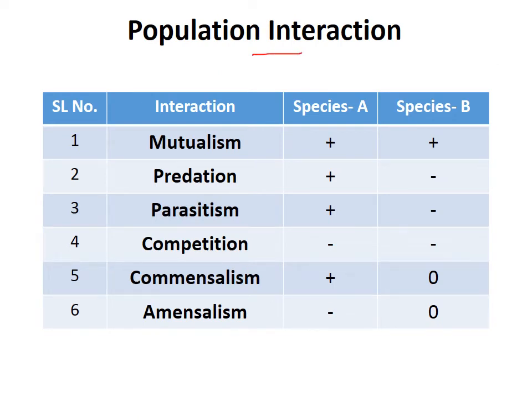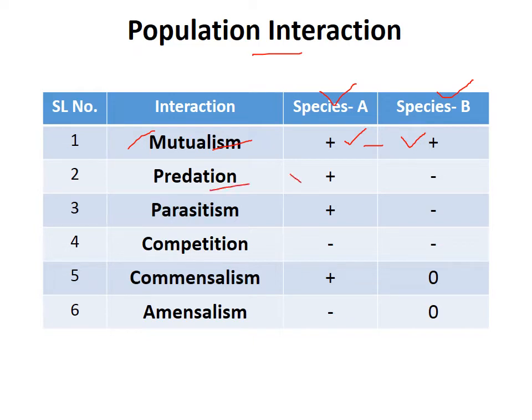In a population, two species A and B, or two populations, how do they interact with each other? First, mutualism. Mutualism means both species are getting a positive effect from each other. One species gets benefit from the other, and the other species also gets benefit.